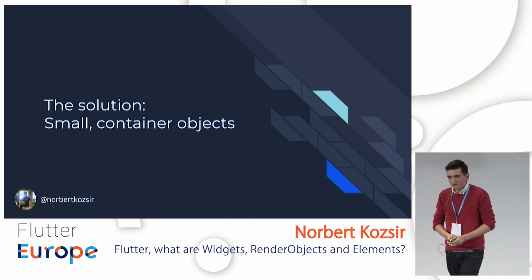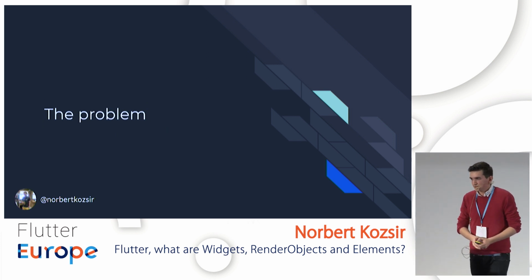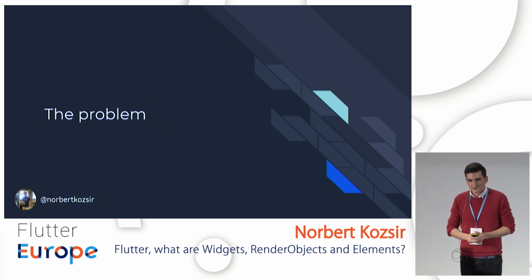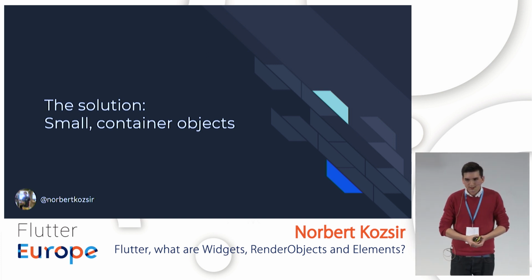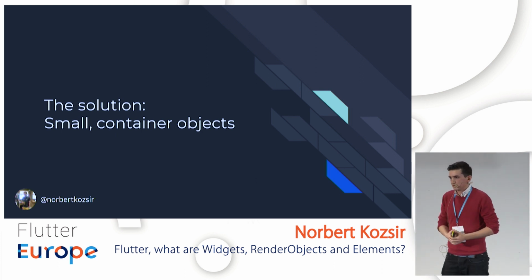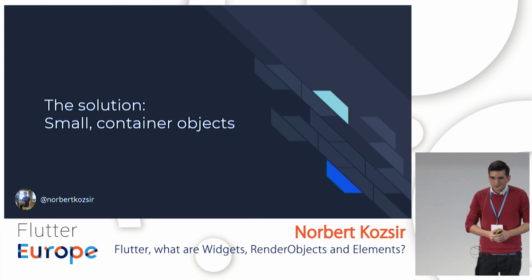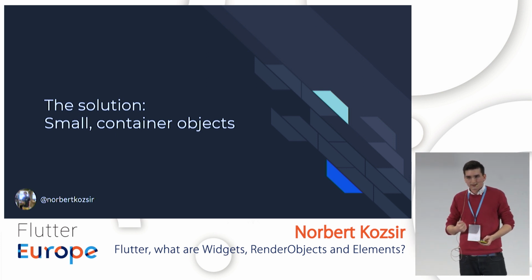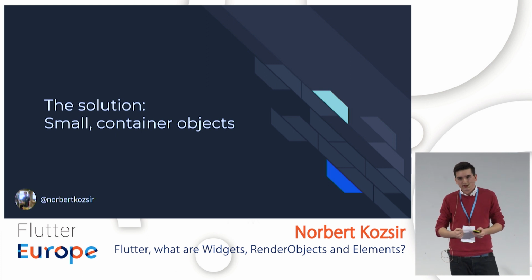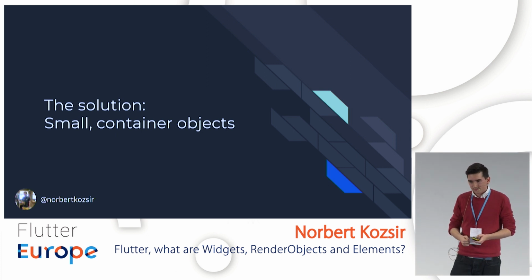As I mentioned before, render objects are heavy. We don't want to rebuild those. So a possible solution, which Flutter is actually using, are small container objects, which we conveniently call widgets. Widgets are very lightweight, and therefore the Dart VM, or Dart itself, can allocate a lot of those small objects for a relatively small cost.